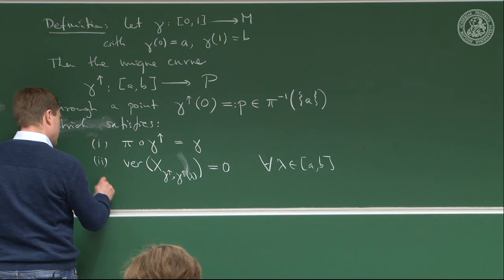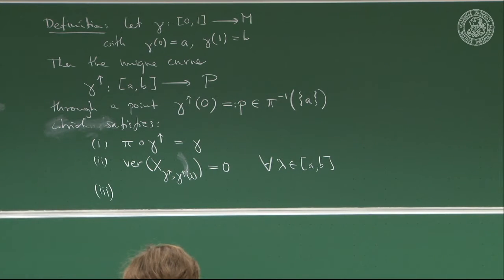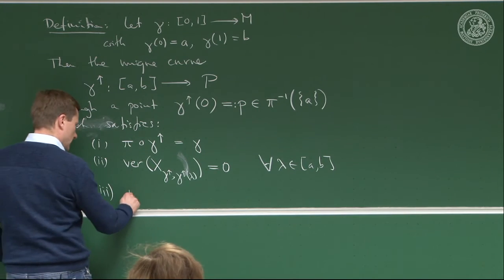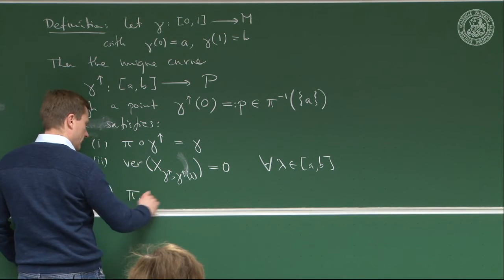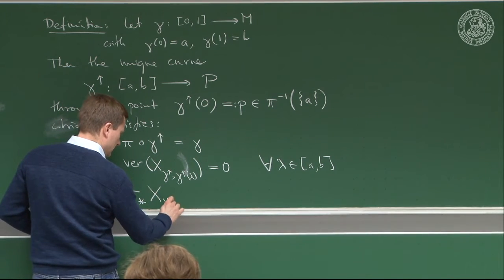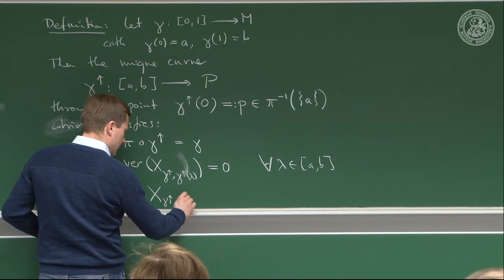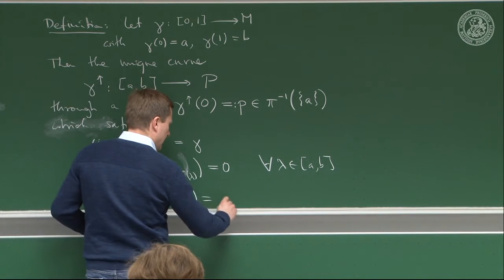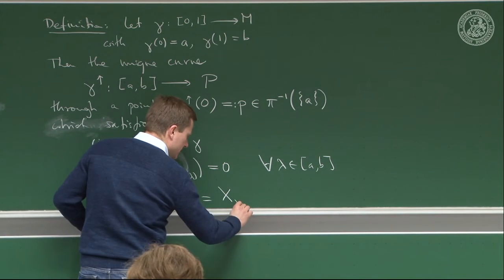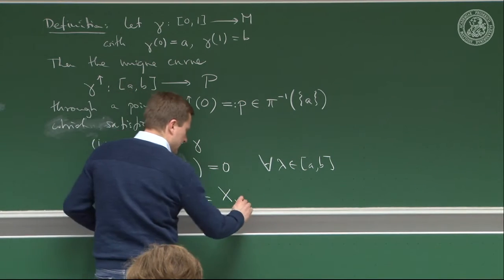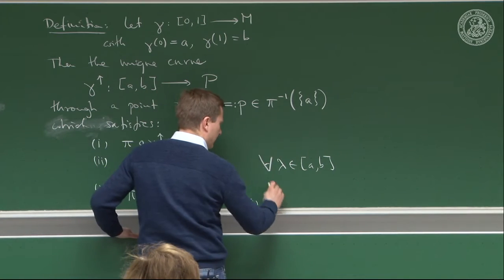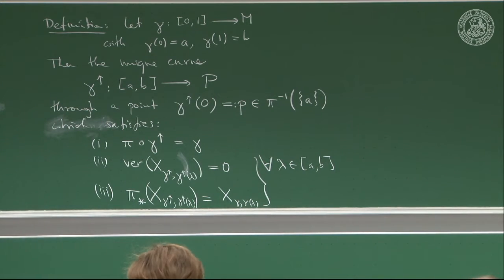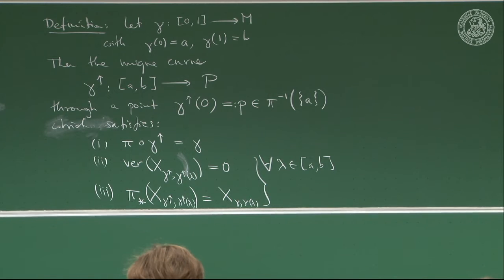And the third condition is that if you take this tangent vector and you push it forward along the projection map, so pi push forward of X gamma up arrow, gamma hat of lambda, so everywhere along the curve, what you obtain is the tangent vector to the original curve in the base manifold, X gamma of lambda, everywhere along the parameter range.